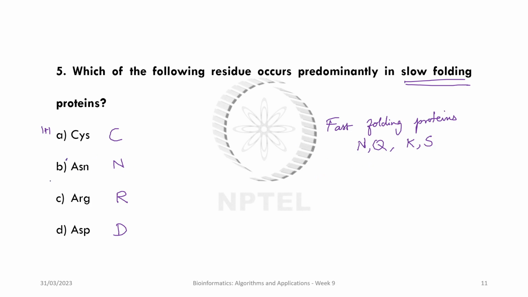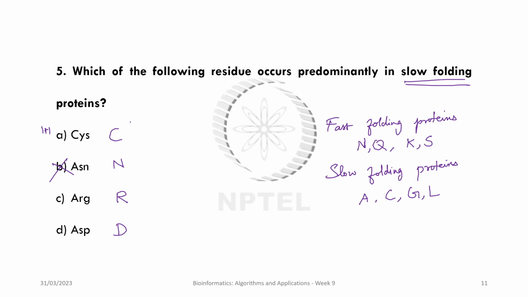So that blows these options. And residues that are predominant in slow folding proteins are A, C, G, and L.